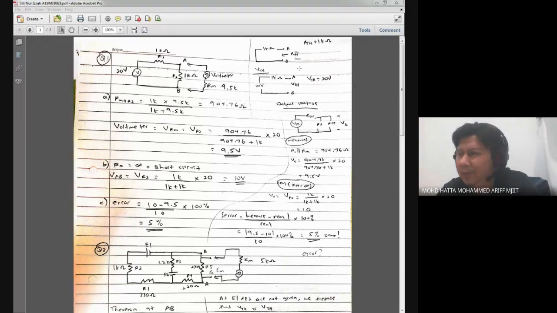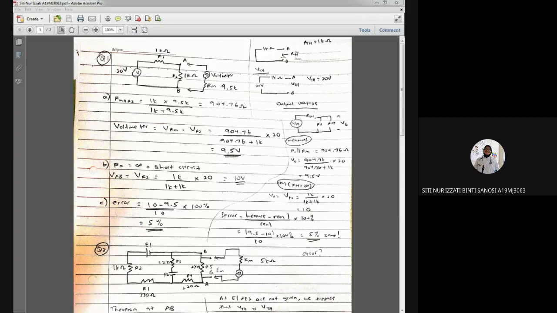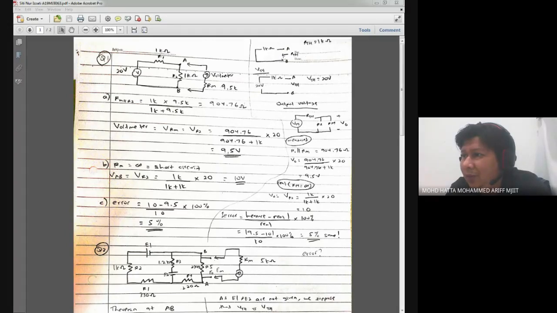By the way, why do you remove R2 over here to find RTH? Sorry, Doctor, why did you remove R2 in order for you to get RTH?